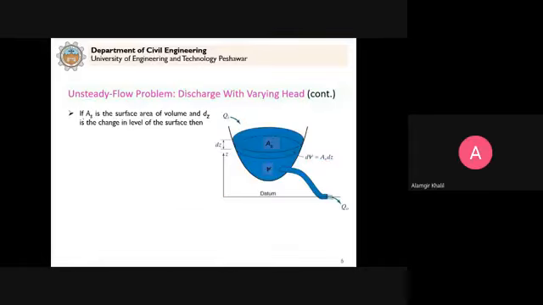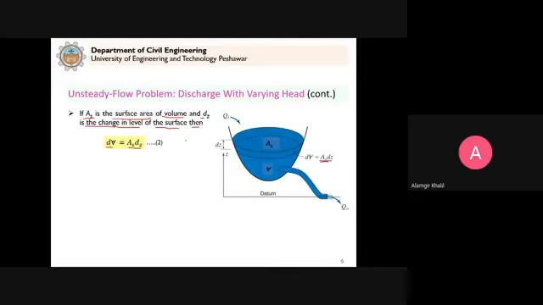If AS is the surface area and dz is the change in level of the surface, then this change in volume is equal to AS into dz, because dz is the differential change that has taken place. The change in the water level multiplied by the surface area is also the change in the volume.